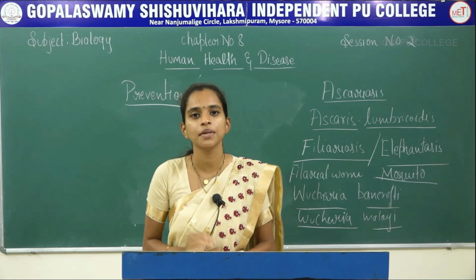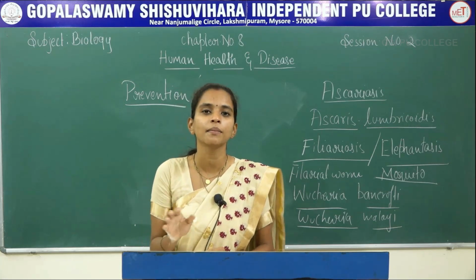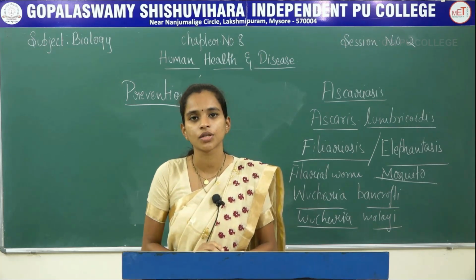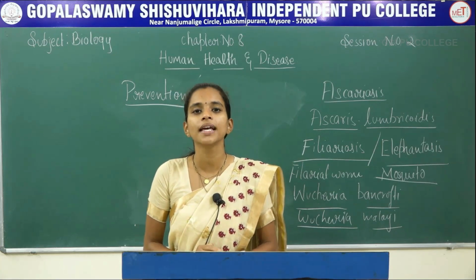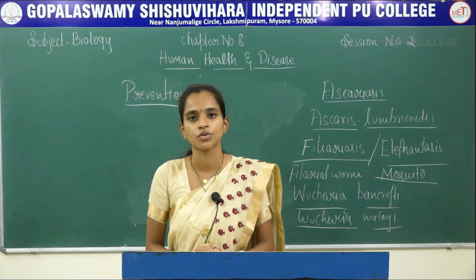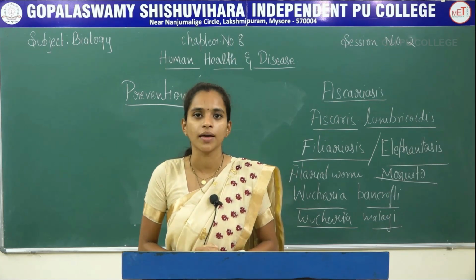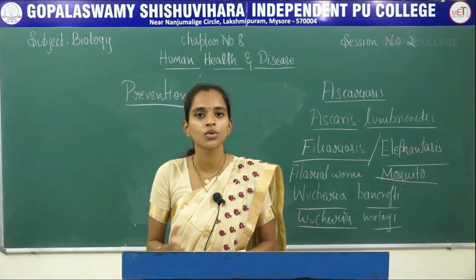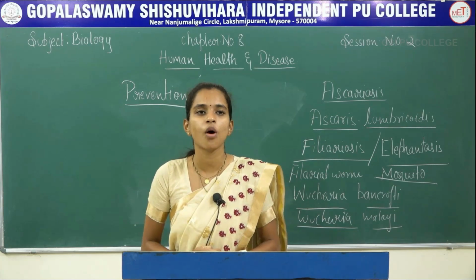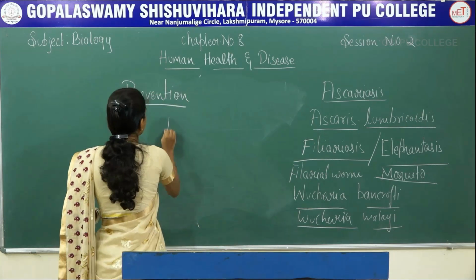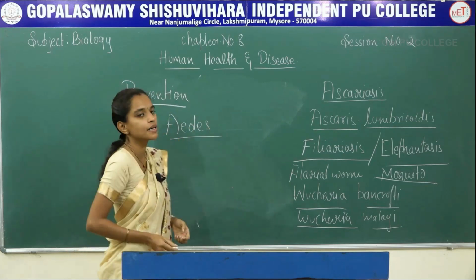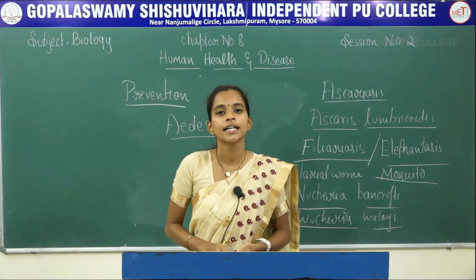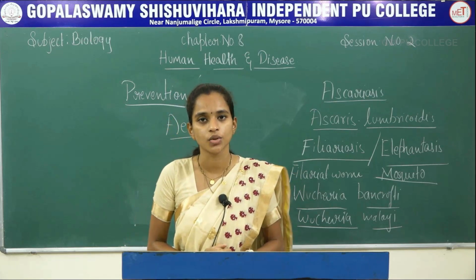That can be removed by adding mud over it, so that none of the mosquitoes or houseflies sit on it, or else the breeding grounds of these houseflies or mosquitoes should be destroyed. Apart from this, chikungunya and dengue are caused by a mosquito, and that mosquito is Aedes. Aedes is the mosquito which causes dengue as well as chikungunya.